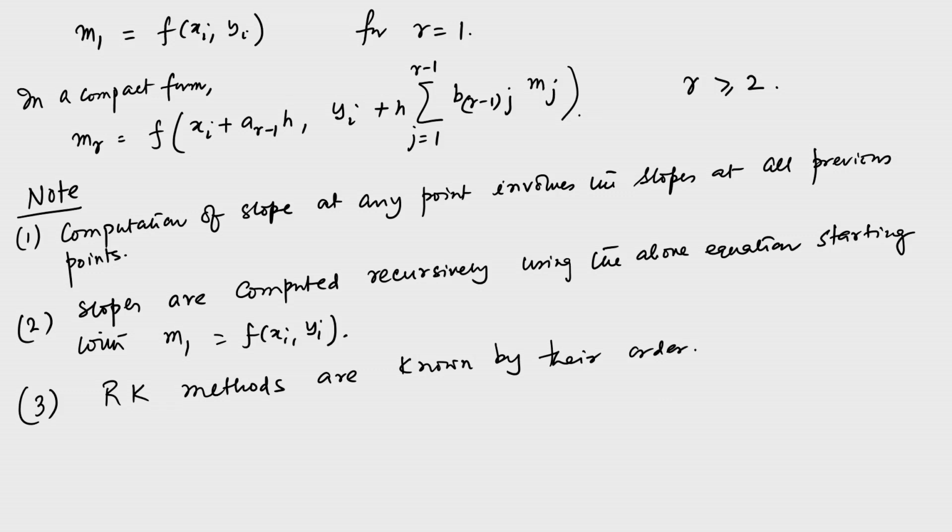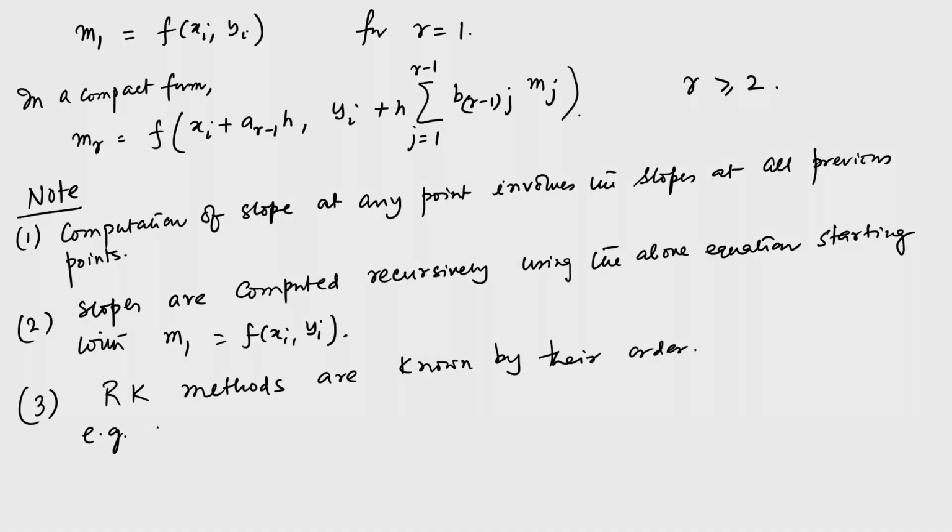That is, there could be a second order RK method. The first order RK method is by default the Euler method. So, there could be a second order, or a third order, or a fourth order, or even higher orders of RK method.